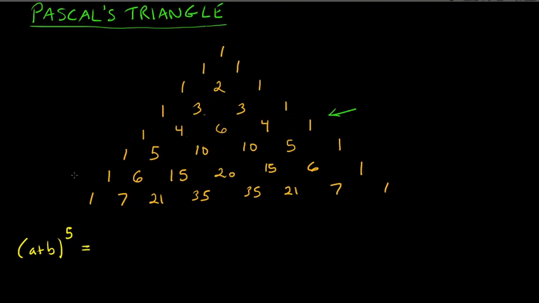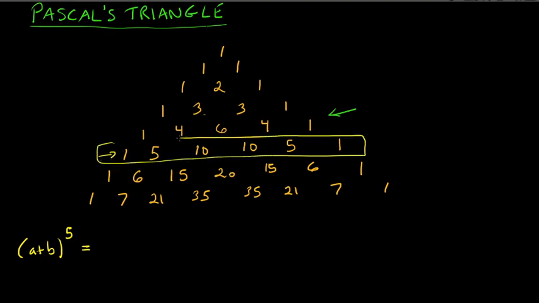So a plus b to the 5, you can see that's the 5th row of Pascal's triangle. These numbers here. So we have a 1, a 5, a 10, a 10, 5, and then a 1. And these are all pluses. If you have a minus b, then the signs just alternate. But these are all going to be pluses here.